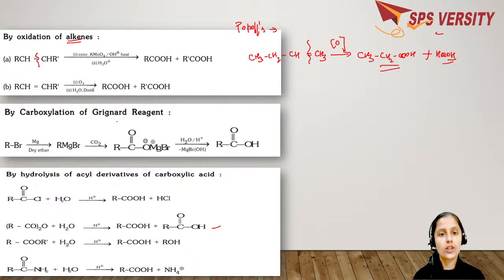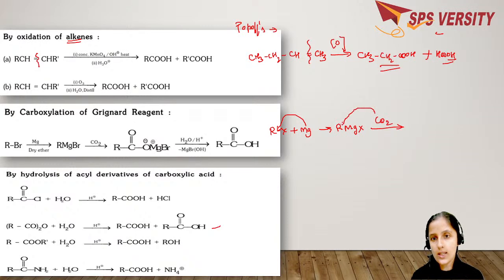And then, by carboxylation of Grignard reagent, you take alkyl halide, that is RX, and you treat it with Mg. So Mg gets introduced in between, and you get RMgX. When this RMgX is treated with carbon dioxide, the carbon dioxide will go inside. R is partially negative, MgX is partially positive, and you have O=C=O, which is linear.